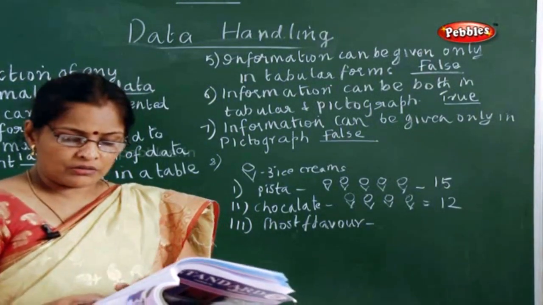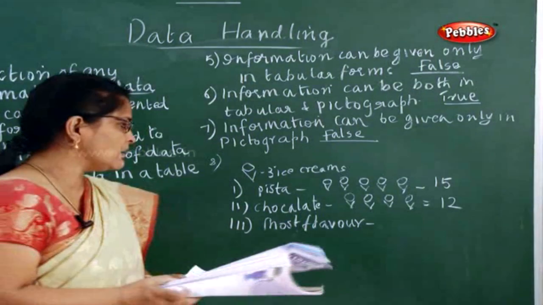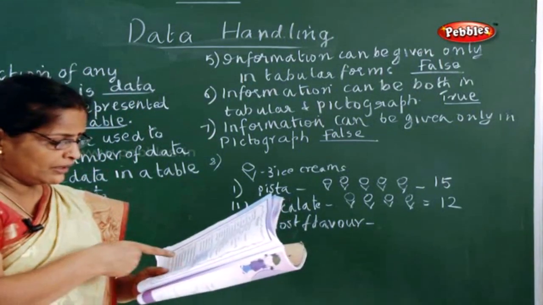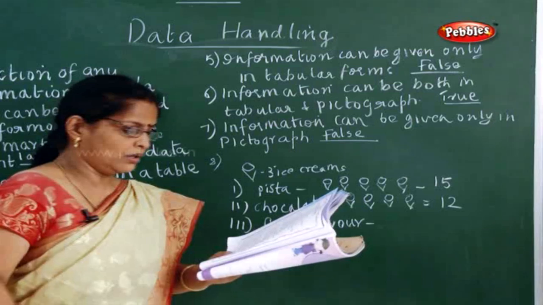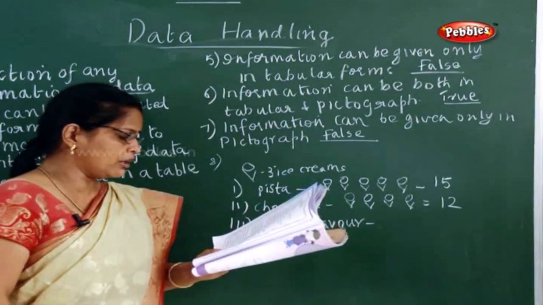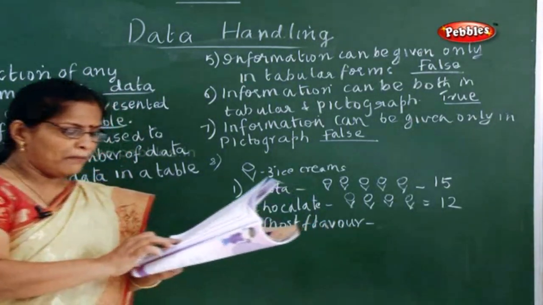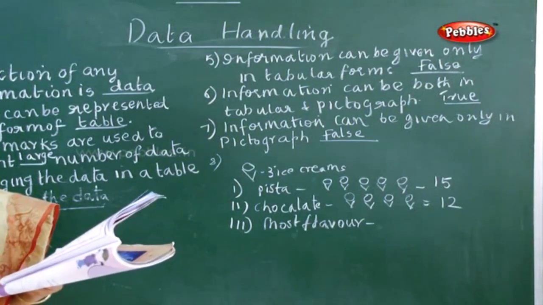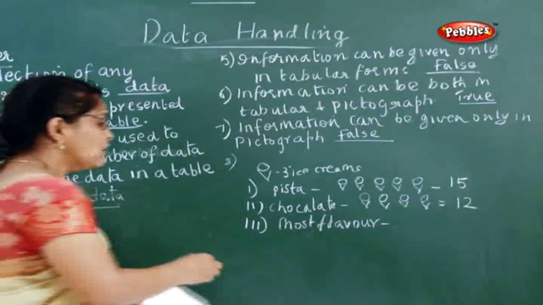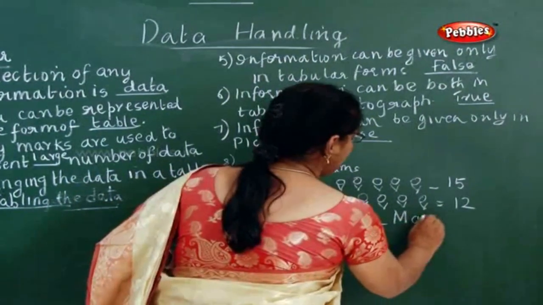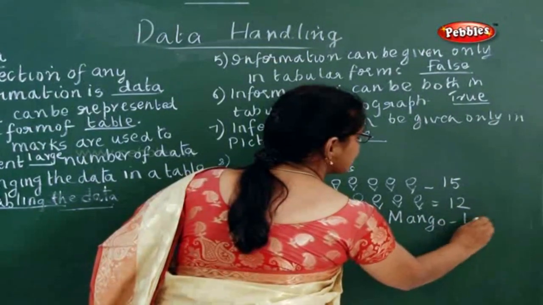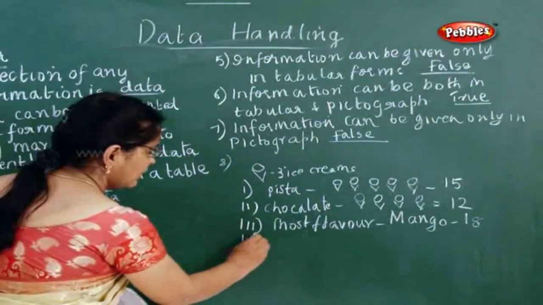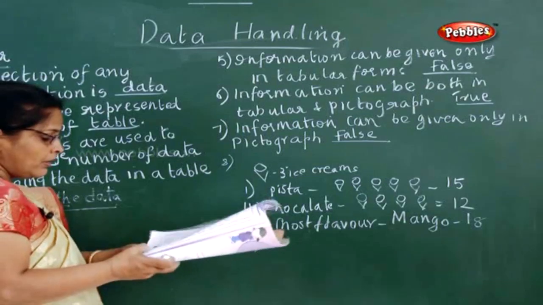Mango 6 into 3, 18. And chocolate it is 4 into 3, it is 12. So now which one is more here? Mango has got 6 cones here. So 6 into 3 is 18. So for the most sold flavor you have to write mango with 18 ice creams.